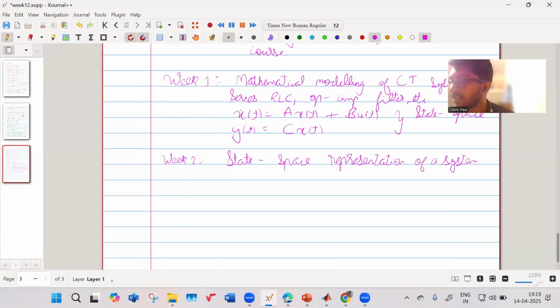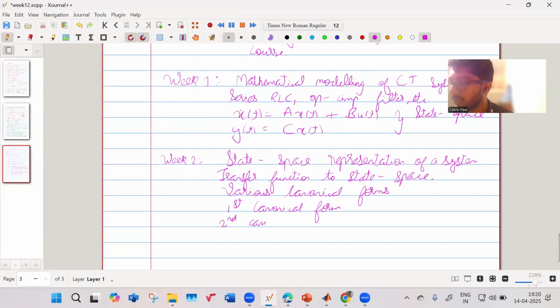It also has transfer function to state space and state space to transfer function, both. Then various canonical forms. So we have what is known as the first canonical form. Then there is the second canonical form. We have the Jordan form, etc.